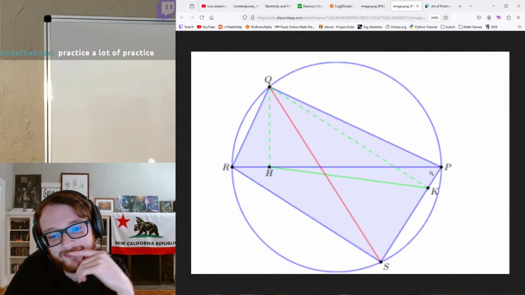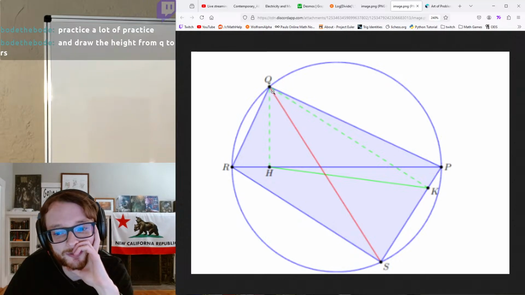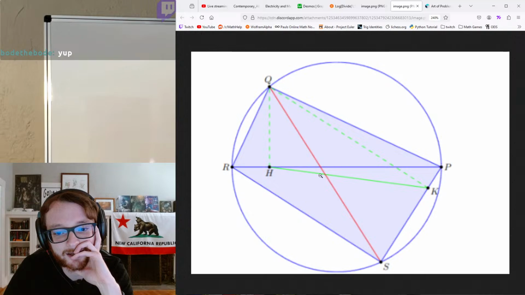So our triangle then is PRS. Draw the height from Q to RS. So yeah, the closest point would be somewhere, wait, to RS. Closest point then would be somewhere over here. And I guess for RP, it'd also be in the same area, but a little bit lower.